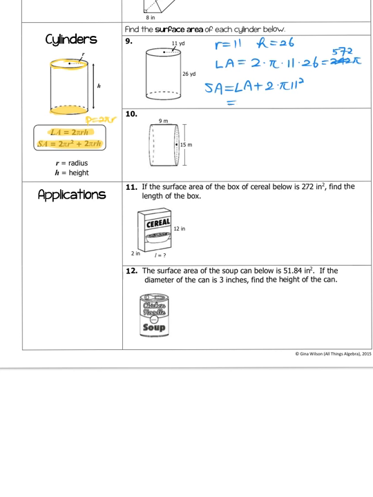So now if I add 572 pi plus 242 pi, you can use your calculator, you can keep the pi, or you can plug in the pi to come up with a decimal. That's perfectly fine. Okay, so that's it.